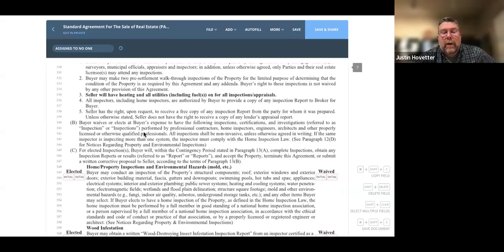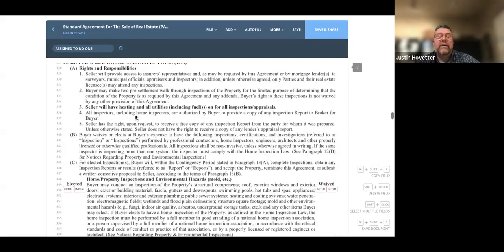They're doing an end run around the inspection. They're trying to find out what they're dealing with. So if we're going to do a whole bunch of those, maybe we increase the EMD to provide a little bit more security for your seller. If we're going to ask for access 14 times.